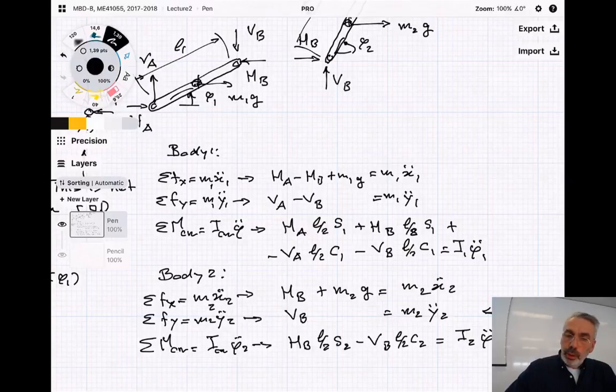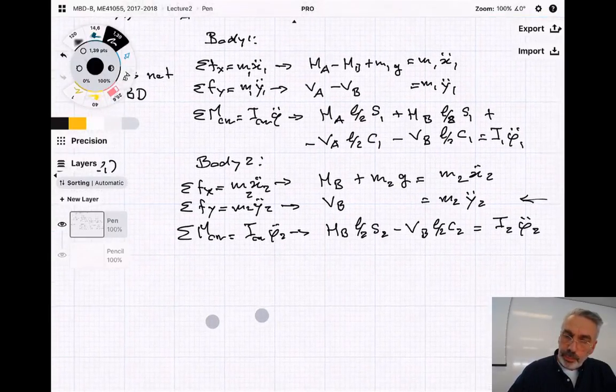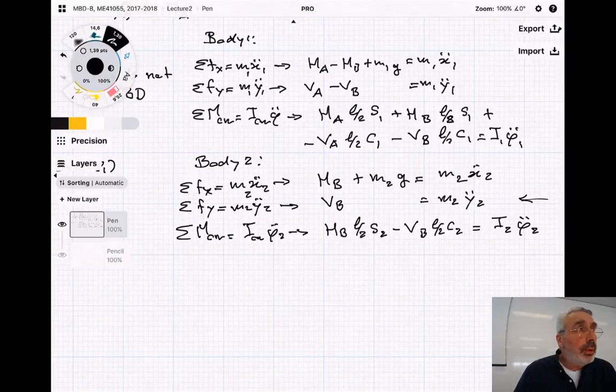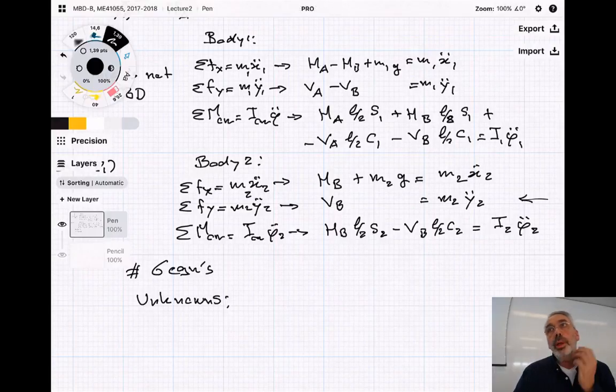Okay, so now we have this whole set of equations. So we have how many equations? 6 equations. And our unknowns in the equations are, let me see, what are the unknowns?